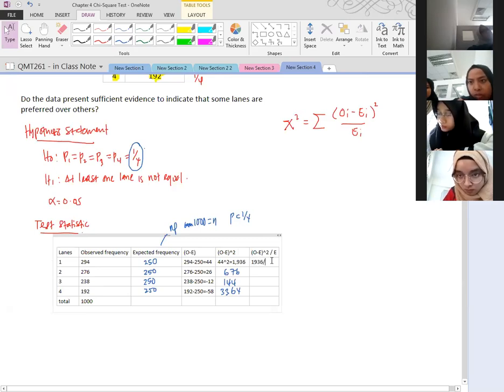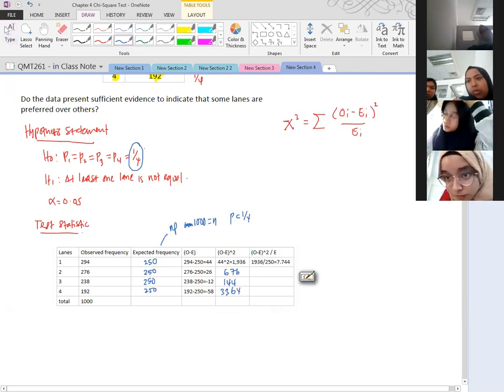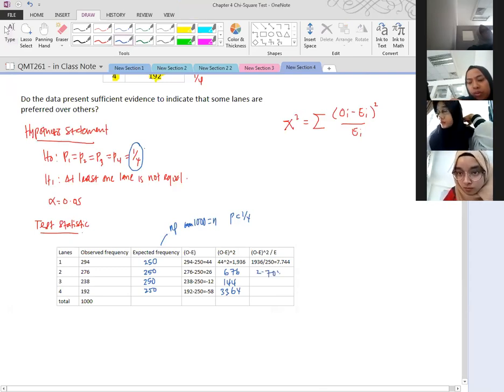Then you divide by the expected frequency, 250. So 1936 divided by 250 is 7.744. This one is 2.704, this is 0.576, and this is 13.456.